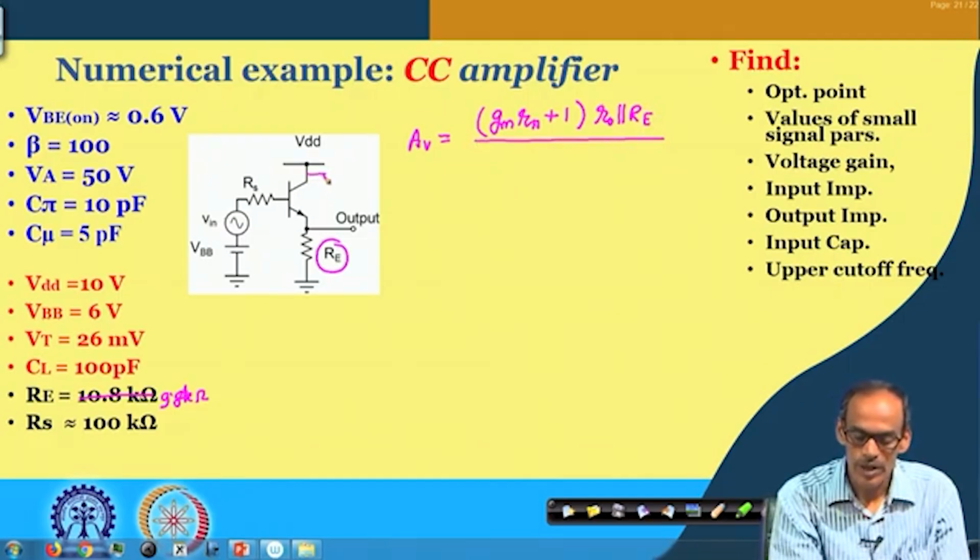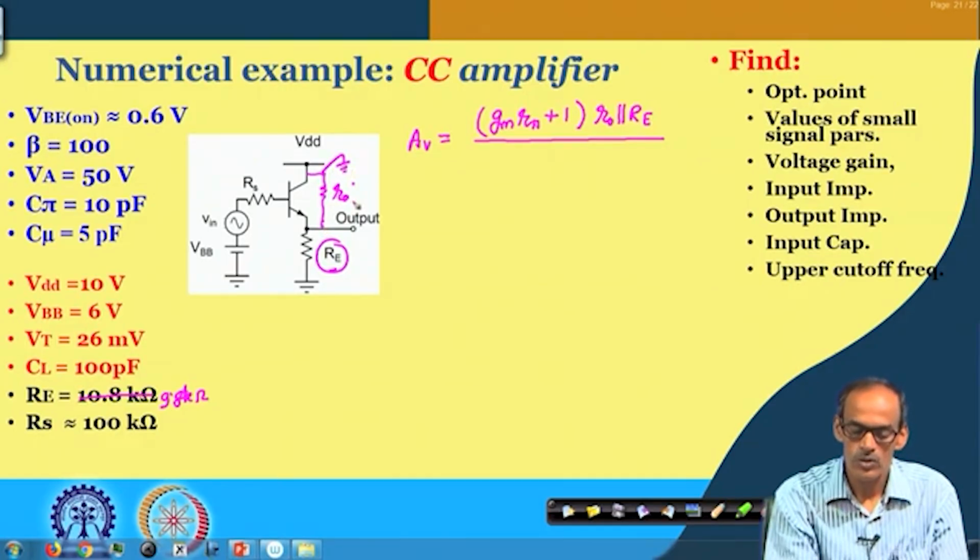That is because we have this r naught coming here, and this RE and r naught come in parallel, because this terminal for signal is AC ground. In the denominator, on the other hand, we have gm into (r pi plus 1) into ro in parallel with RE, plus r pi.